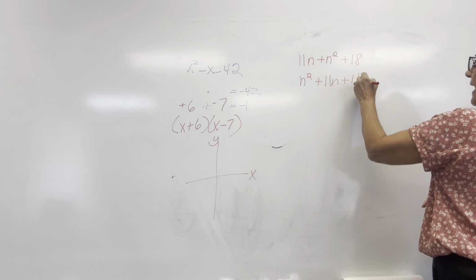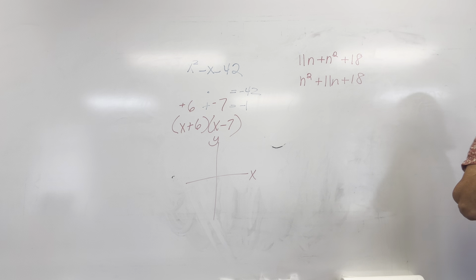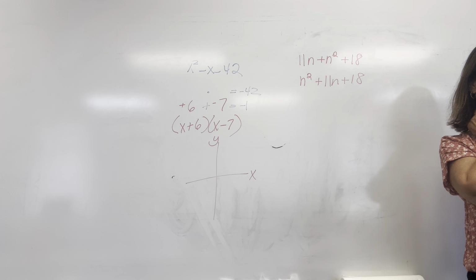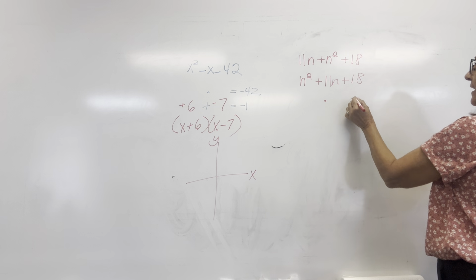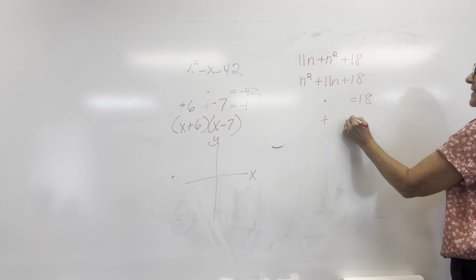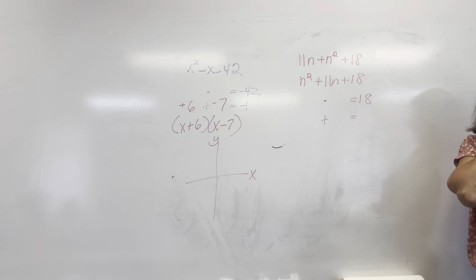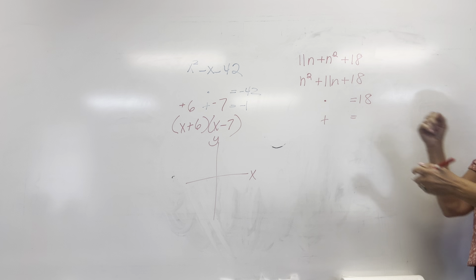N plus 18. All right, Peyton, what questions am I asking? 2 numbers multiplied gives me 18, and added equals the b value. 11.